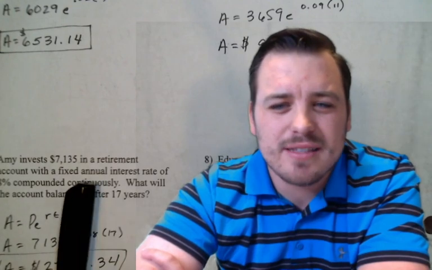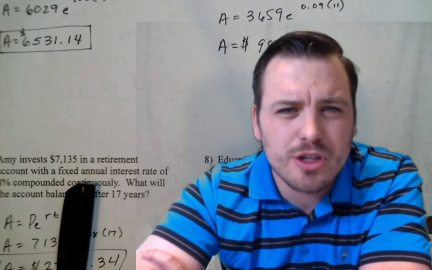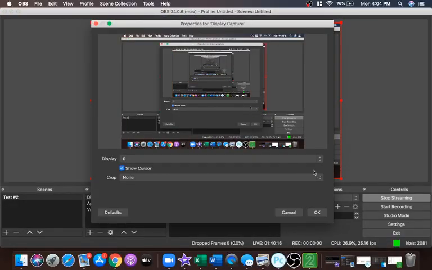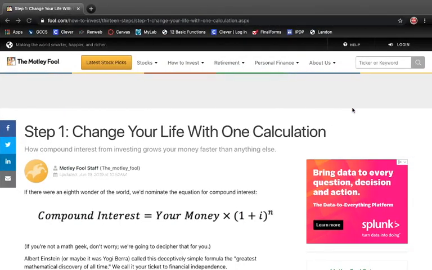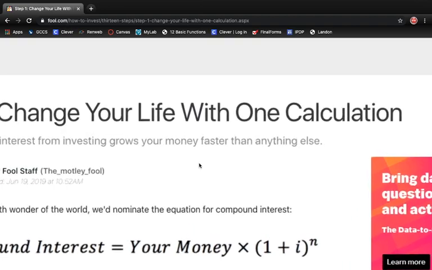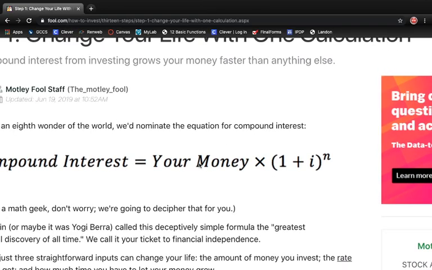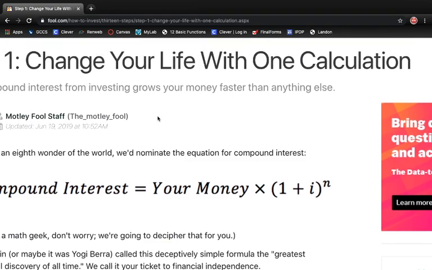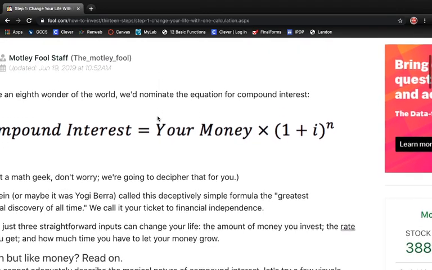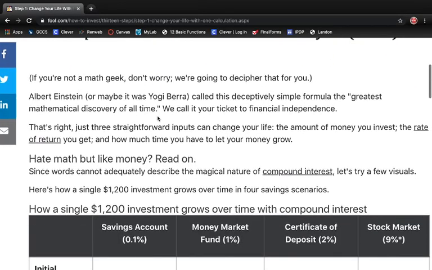Let me show you my screen real quick. One thing that to me is so cool, let me show you this. I know I show you a bunch of stuff all the time, and this whole change your life with one calculation is talking more in terms of money.